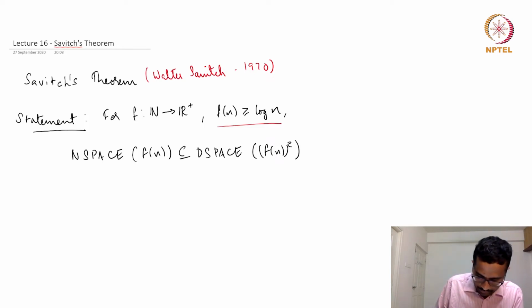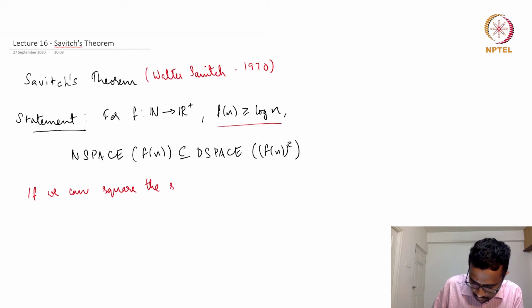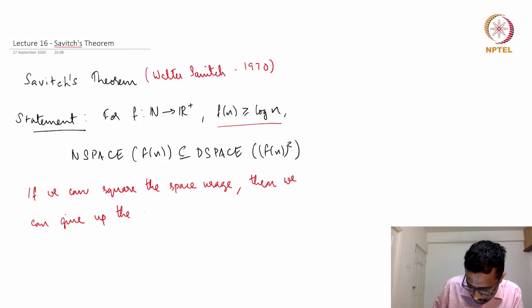So just to write it informally, if we can square the space usage, then we can give up the non-determinism.